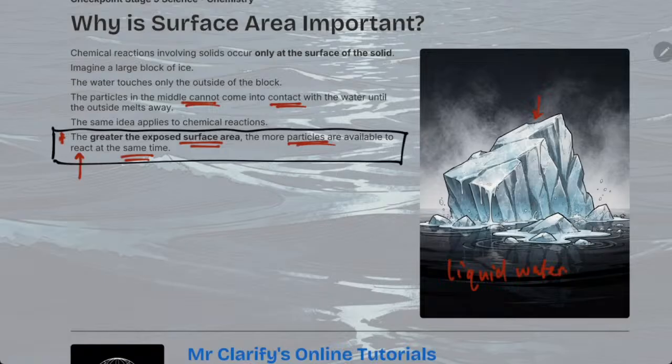The more the exposed surface area, the greater the surface area, then we have more particles available to react right now. We want to increase the number of particles that are available to react right now. So we got to expose them. So the greater the exposed surface area, the more the particles are available to react. Are we together?